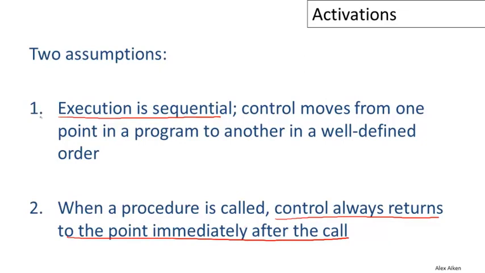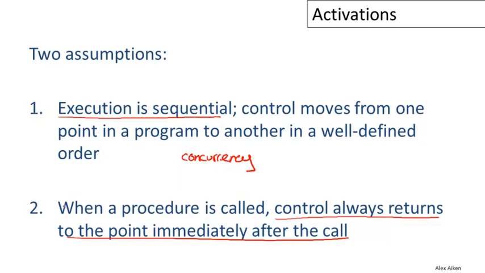And there are certainly programming languages and programming language features that violate these assumptions. So the most important class of programming languages that violate assumption one are ones that have concurrency. In a concurrent program, just because I execute one statement, there's no easy way to predict what the next statement is that will be executed, because it might be in a completely different thread.